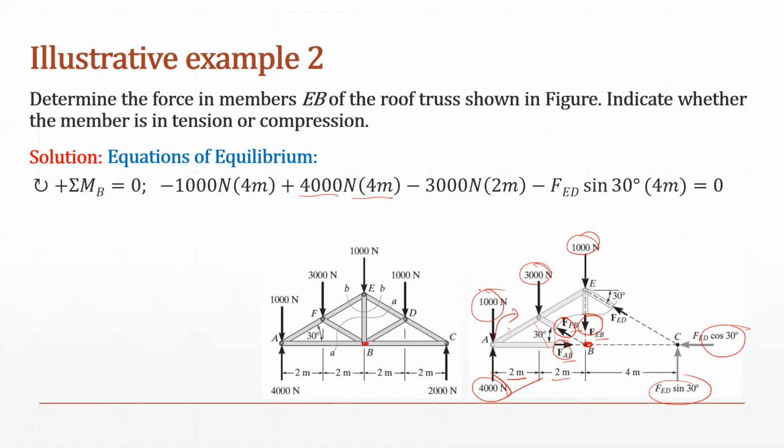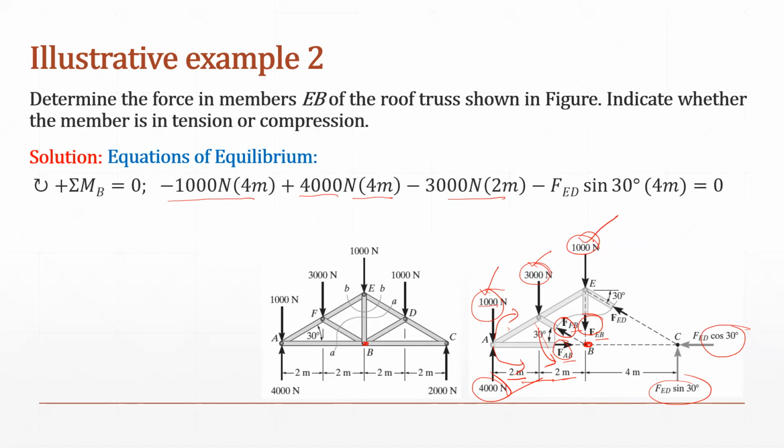Similarly, the moment due to this force is rotating like this, which is anti-clockwise. So 1000 multiplied by the perpendicular distance, which is 4 meter. This is what I have written here. Similarly, the moment due to this force will be 3000, again rotating about point B, so this becomes minus 3000 multiplied by 2. Now the moment due to this force will also be zero. Why?